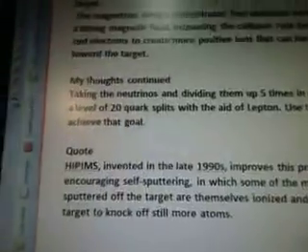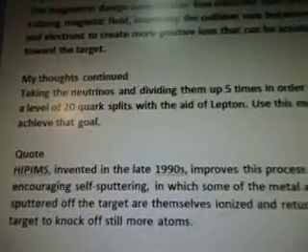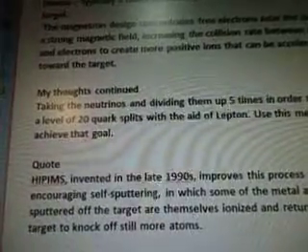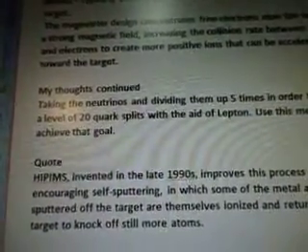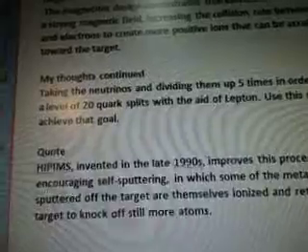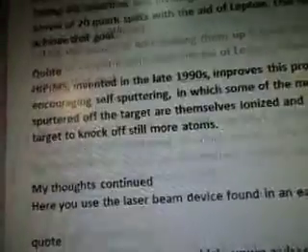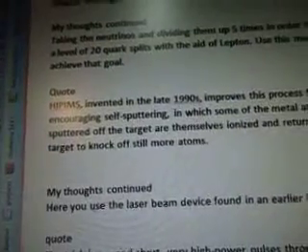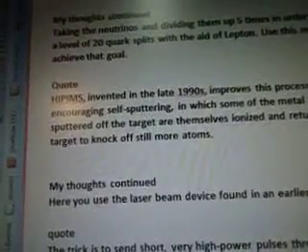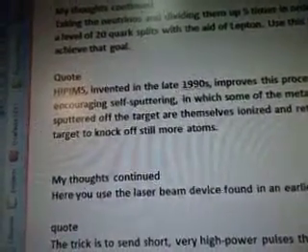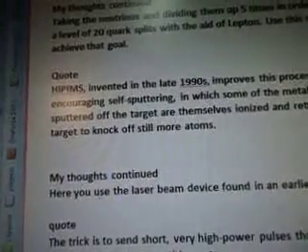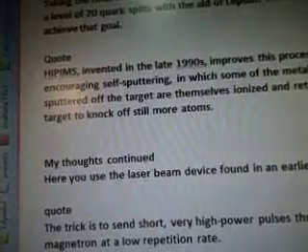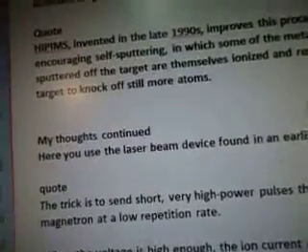My thoughts continued. Taking the neutrinos and dividing them up 5 times in order to reach a level of 20 quark splits with the aid of lepton, use this method to achieve that goal. Quote, HIPIMS, invented in the late 1990s, improves this process further by encouraging self-sputtering, in which some of the metal atoms sputtered off the target are themselves ionized and return to the target to knock off some more atoms.